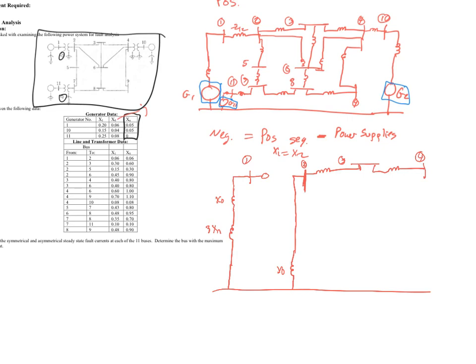Off of bus 2, we have a connection going to 6, a connection from 3 to 6, and a connection from 4 to 6, all shown there. Continuing on with our transmission line connections, we have a connection between 4 and bus 9. So this is bus 9. And we also have a connection between bus 9 and 8, I'm sorry.